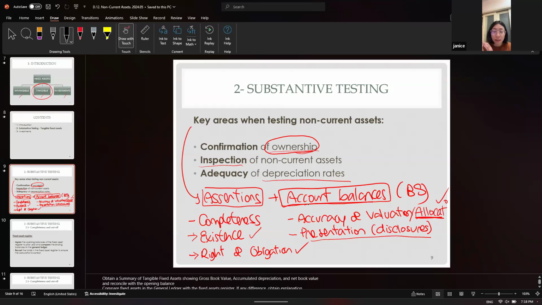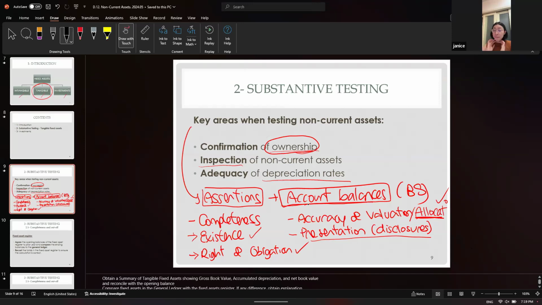We look at the invoices for the cost, for the accuracy and valuation. We check the depreciation. We will also check the completeness. I'll show you guys later. And we also check the notes in the financial statement. So we have covered all the assertions for our non-current assets.